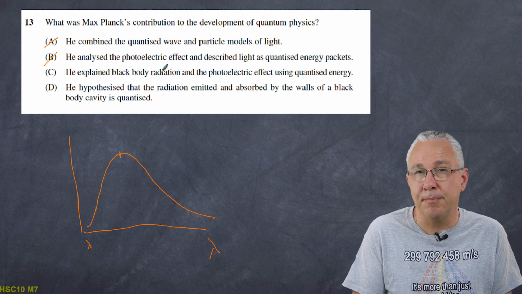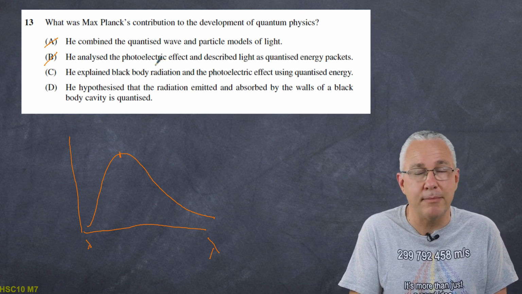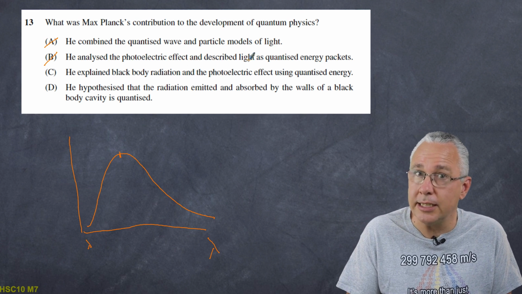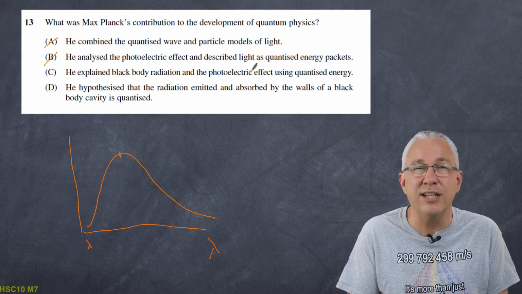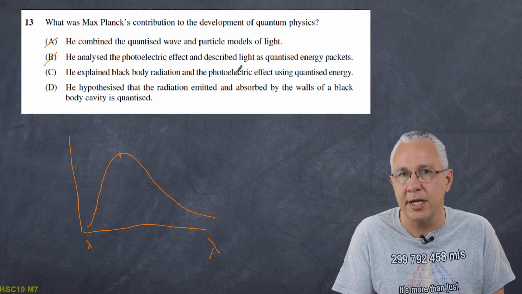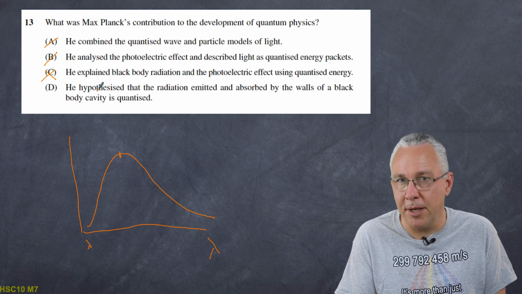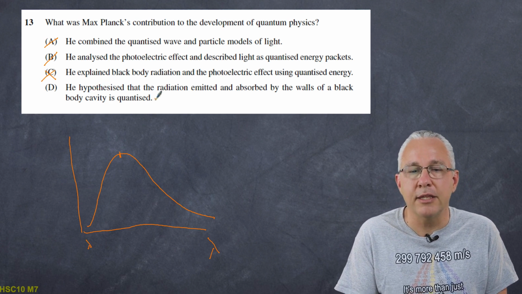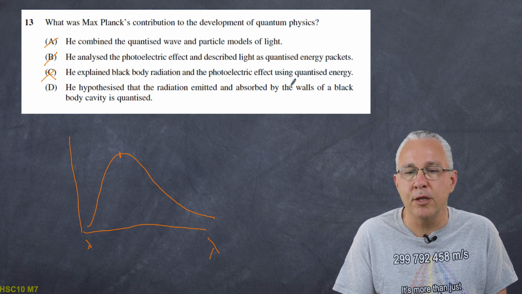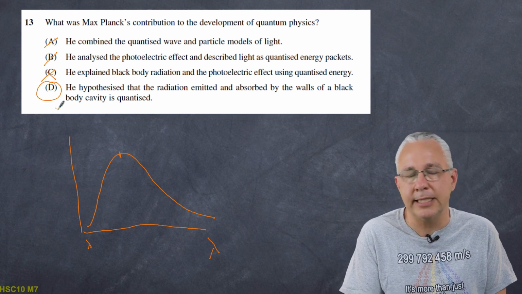He made a hypothesis, and for all he was concerned, it was a bit of mathematical trickery. He certainly did not explain the photoelectric effect. That really is what Einstein did, so this would be a better response for Einstein. D, he hypothesized, now we're on the right track, that the radiation emitted and absorbed by the walls of a black body cavity is quantized. That is the correct answer.